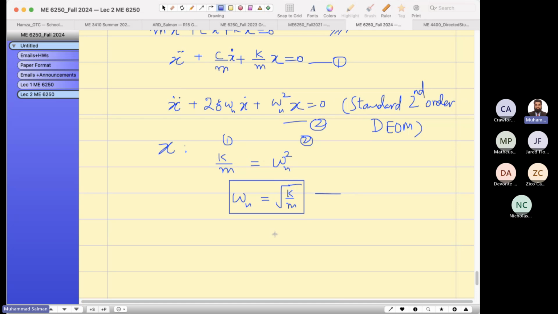When you hear the word natural, it means it is moving freely without any force being applied on it.